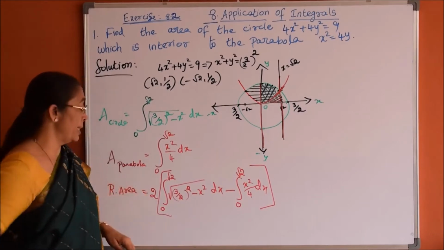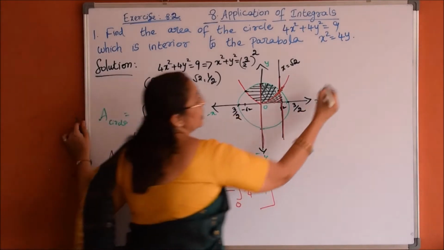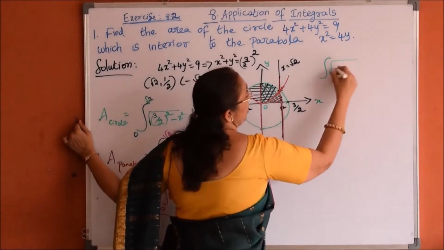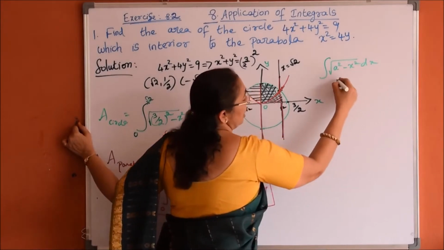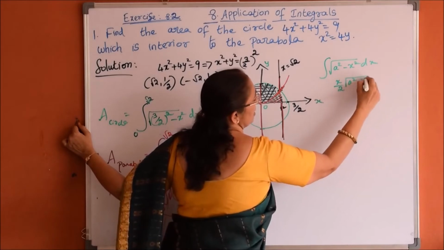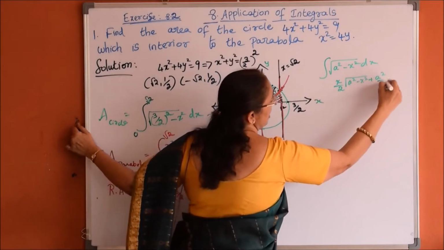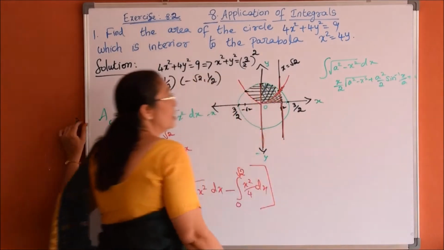So, the first integration is nothing but a formula. The formula is the integration of root over a square minus x square dx, which is x by 2 root over a square minus x square plus a square by 2 sin inverse of x by a plus c.